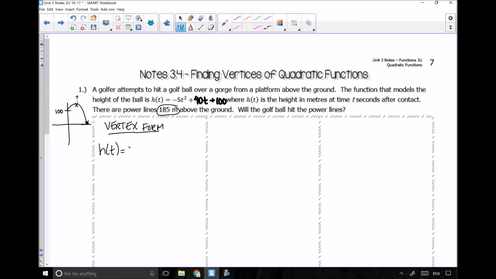So I'm going to factor out a negative 5, and when I do that, I'm going to have a t squared left over right here, and then, you know what, let me recopy the original equation. So negative 5t squared plus 40t plus 100. When I factor out negative 5 from 40, I get negative 8t, and then I'm going to leave the plus 100 on the side, okay?